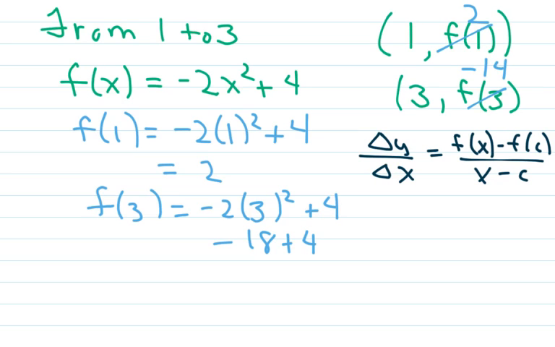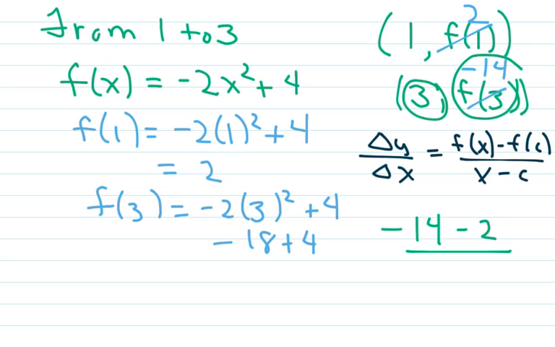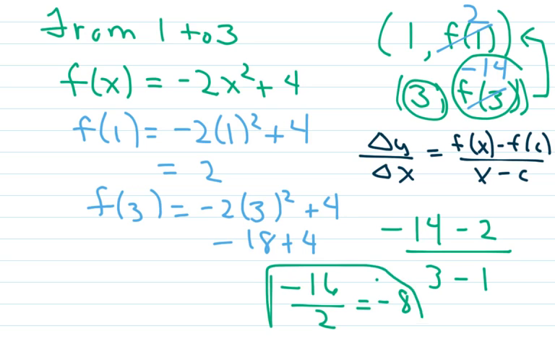So I'm taking negative 14 minus 2 first, over 3 minus 1, going in order. So we get negative 16 over 2, which equals negative 8. Okay? Alright. And that's all.